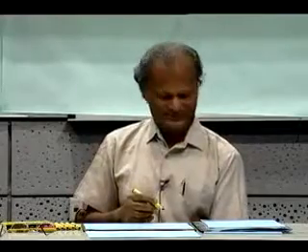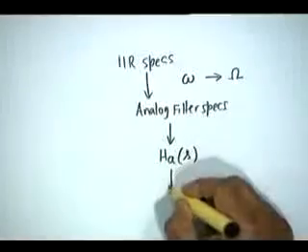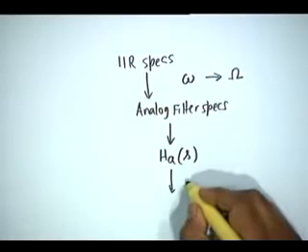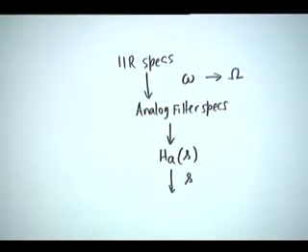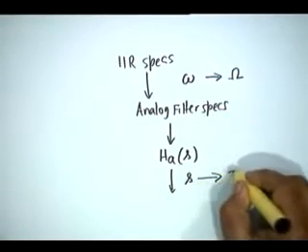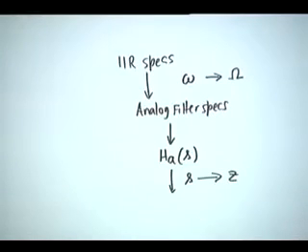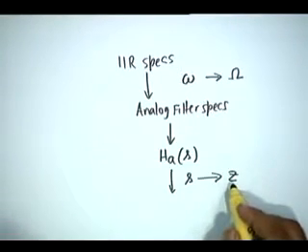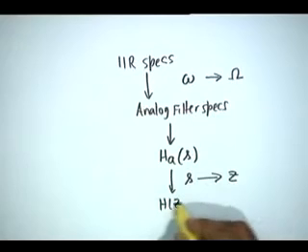So, you design an HA of S and then apply another transformation to go from small s to the Z domain, okay, from small s to the Z domain to obtain an H of Z.